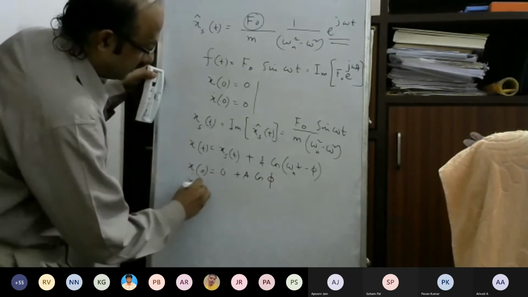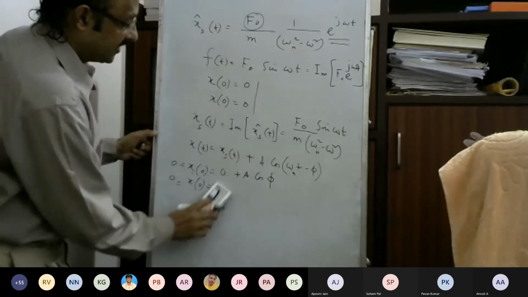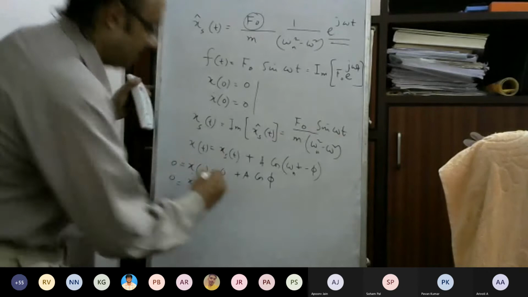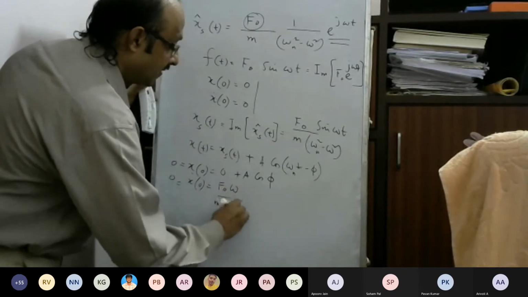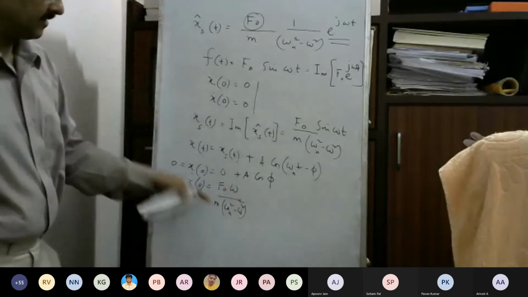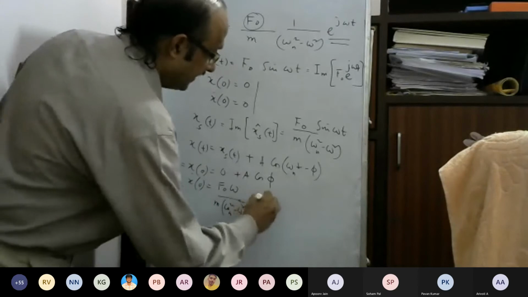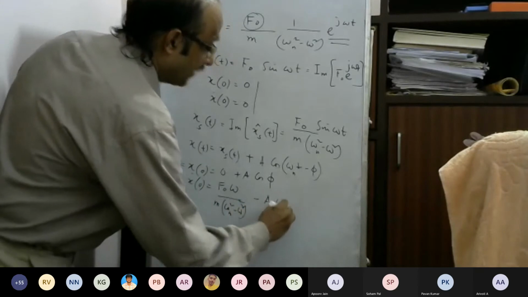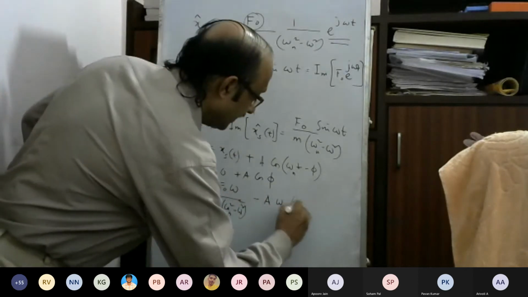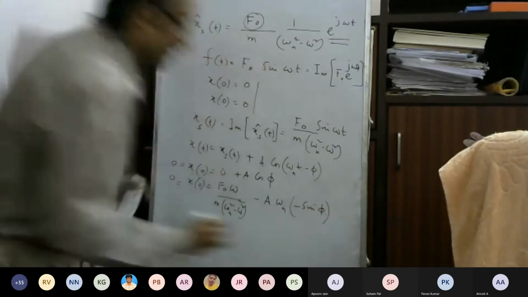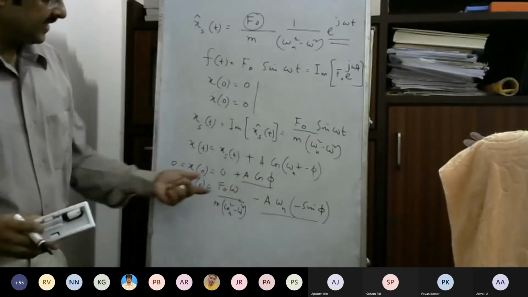And x dot(0) equal to 0, so the forced velocity is f naught omega divided by m times omega n square minus omega square, plus the free part, minus A omega n sine(omega n t minus phi) at t equal to 0, which will be plus A omega n sine phi. So A and phi are to be obtained in such a way.